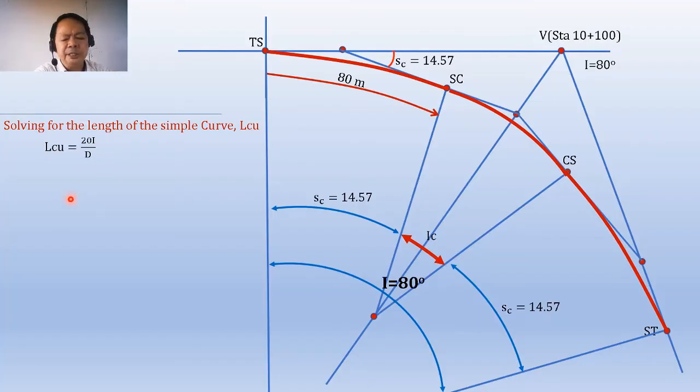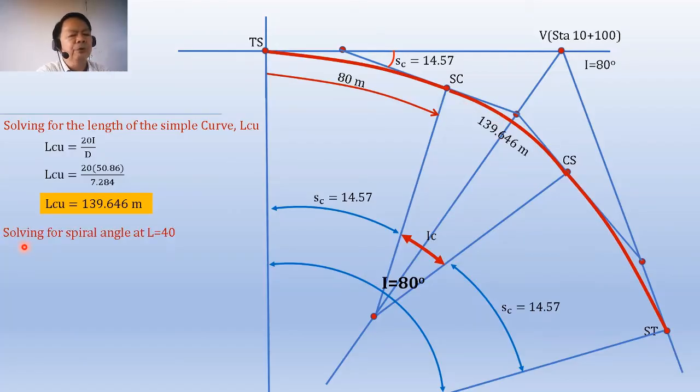When we substitute the computed value for I and that of the degree, we shall have our length of curvature equal to 20 multiplied by 50.86 divided by 7.284, so that our length of the curvature will be equal to 139.646 meters.